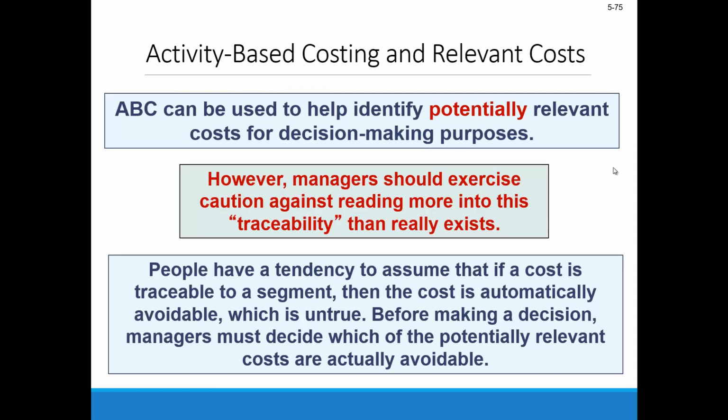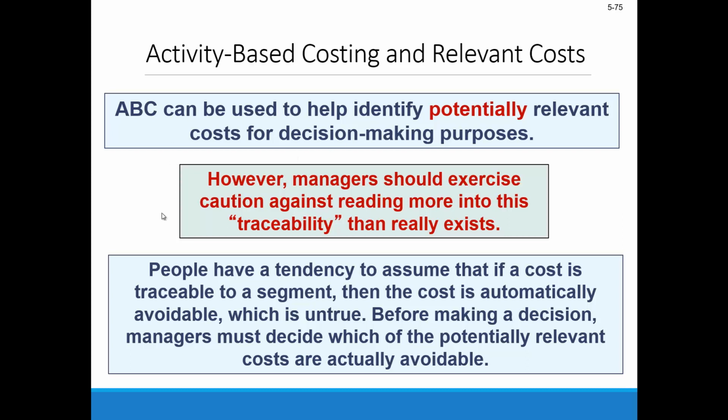So to wrap this up, just a quick note about activity-based costing and relevant costs. Our ABC that we talked about in Chapter 7 can be used to identify potentially relevant costs for all these decision-making purposes. However, we have to be really careful there that we're not reading more into the traceability of ABC than really exists.